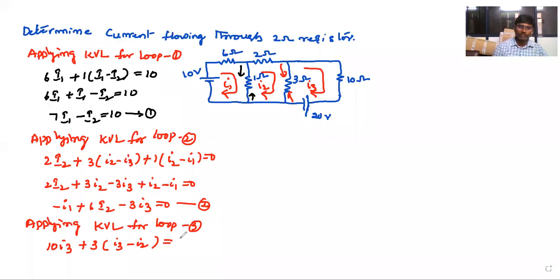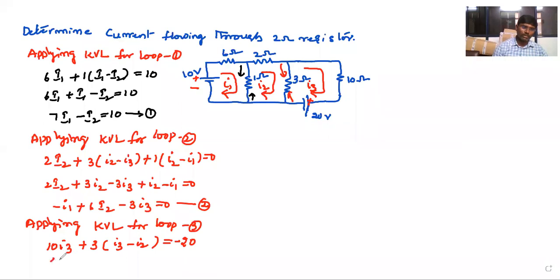For this battery of 20 volts, the current is entering at plus. But for the reference voltage of 10 volts, the current is leaving from plus, whereas here the current is entering from plus. Therefore, which is opposite to the reference one, you will get a minus sign here. So you expand this equation.